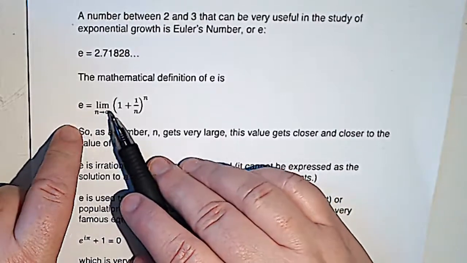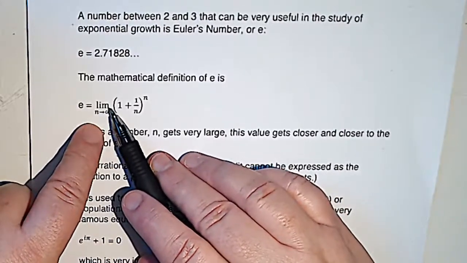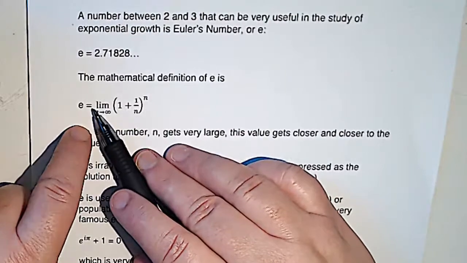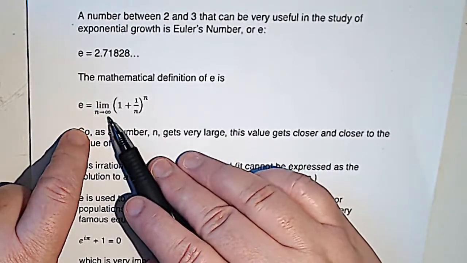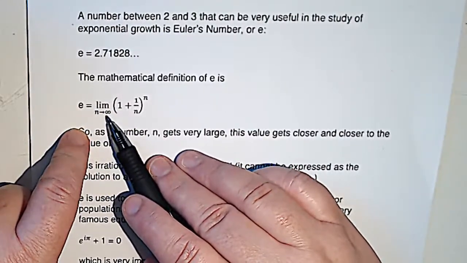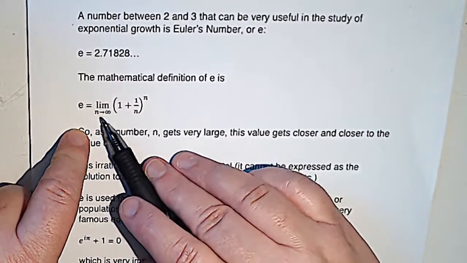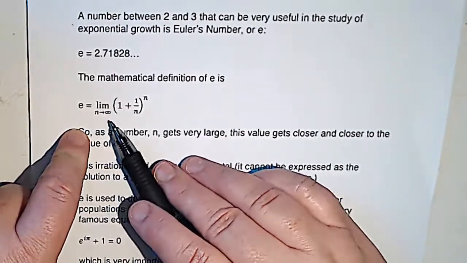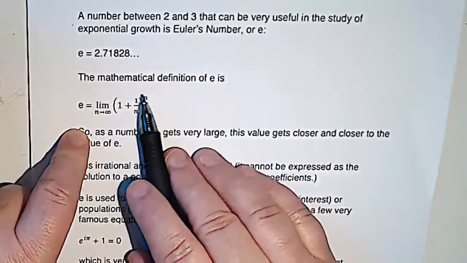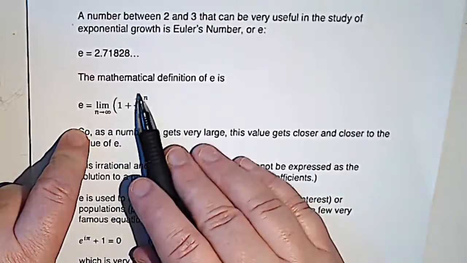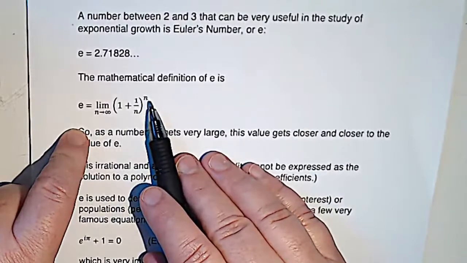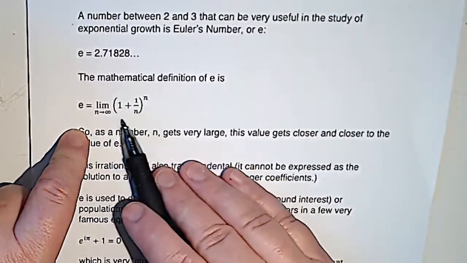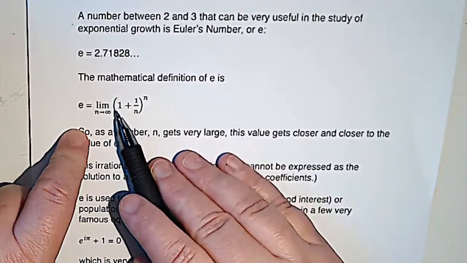e is this thing called a limit. So that means what you do is you try a bunch of values as n gets bigger and bigger and bigger. So I would plug in n equals 10, n equals a million, n equals a billion, n equals a trillion. And I would look at what this was, 1 plus 1 over n to the nth power. This describes exponential growth.